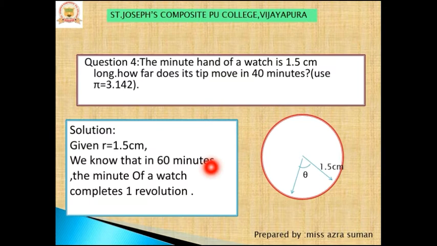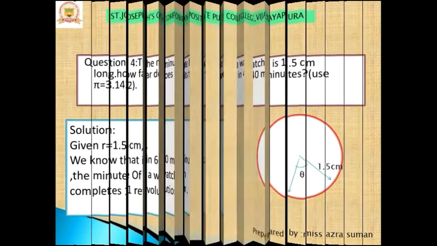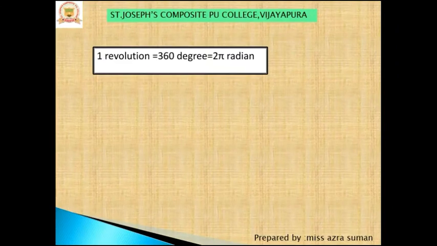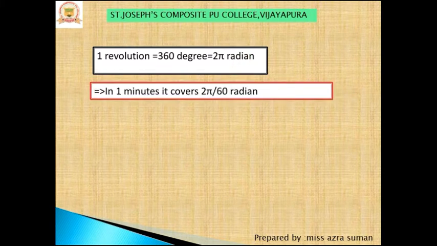One revolution equals 360 degree, which equals 2 pi radian. So in 60 minutes it makes 2 pi radian angle. Then what is the value for 1 minute? In 1 minute it covers 2 pi by 60 radian.